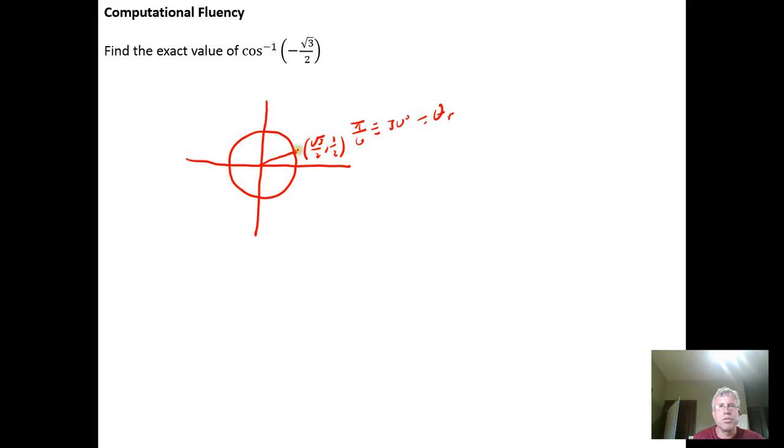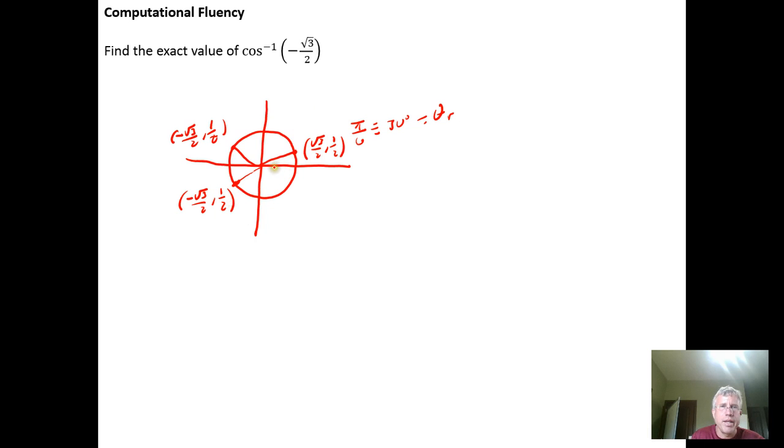And I can generate two negative cosine ratios, negative root 3 over 2, one by reflecting over the y-axis into quadrant 2, where I get the ordered pair negative root 3 over 2, positive 1/2, and the other I can get by reflecting down through the origin to here, where I get negative root 3 over 2, negative 1/2.